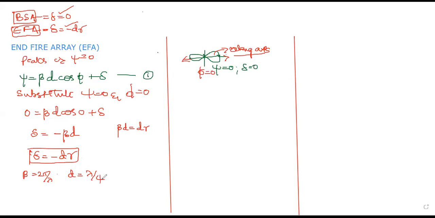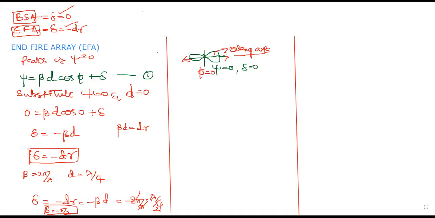Consider the dipole length as lambda by 4. Then delta equal to minus dr, which is equal to minus beta d, which is equal to minus 2 pi by lambda times d, where d is lambda by 4. So this gets cancelled, and you obtain delta equal to minus pi by 2. So this is how you find the value of delta, minus pi by 2.